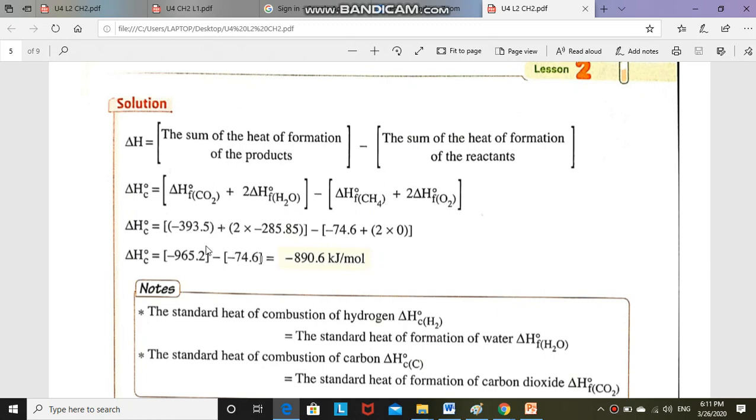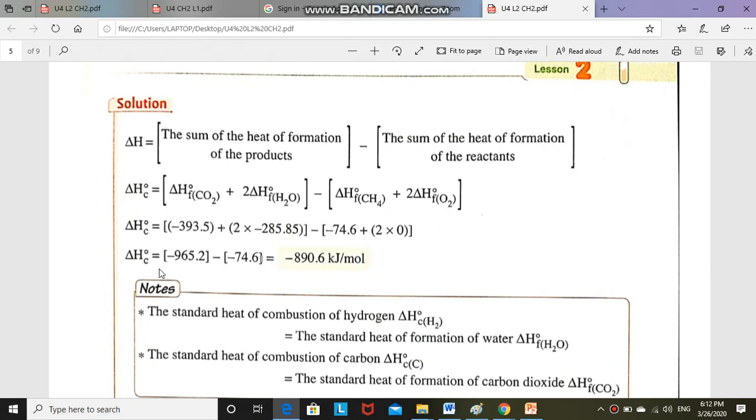So the heat of combustion equals negative 393.5 plus 2 times negative 285.85, minus, we said that the sum of heat of formation of the reactants always takes the negative sign, negative 74.6 plus 0, as the heat content of the element oxygen equals 0.